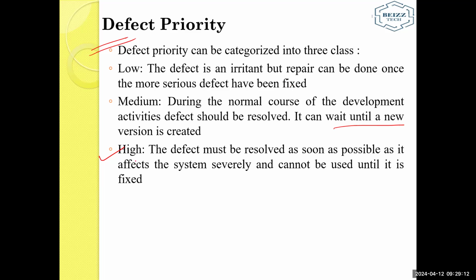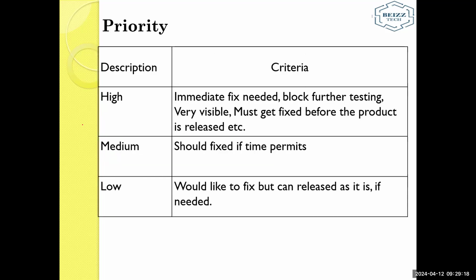So try to understand, we have three levels in defect priority. And again, a simple scenario: high priority is something which needs immediate fix, something which is blocking the further testing process, something very visible or which must get fixed before the product is released. Medium: it should be fixed if time permits.